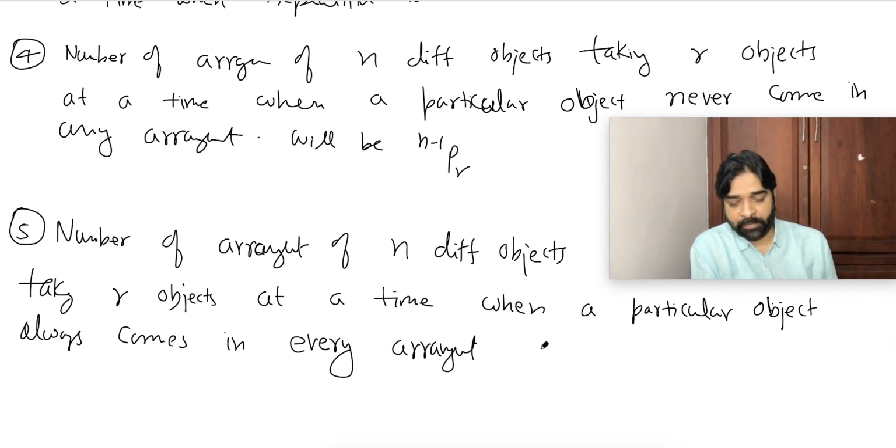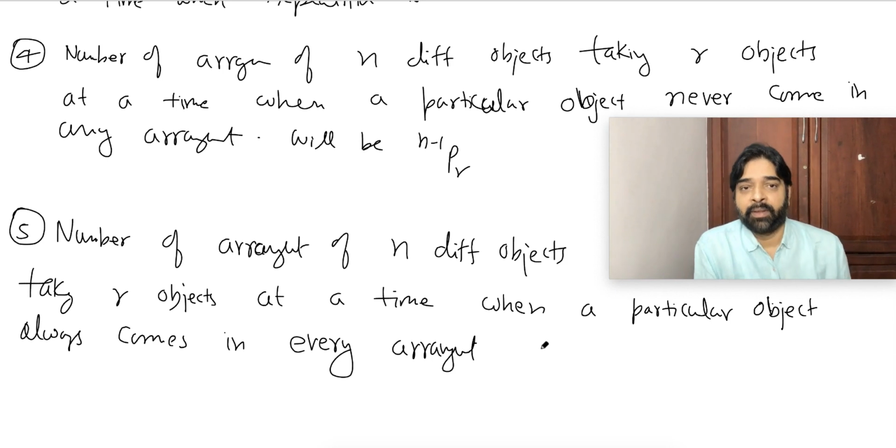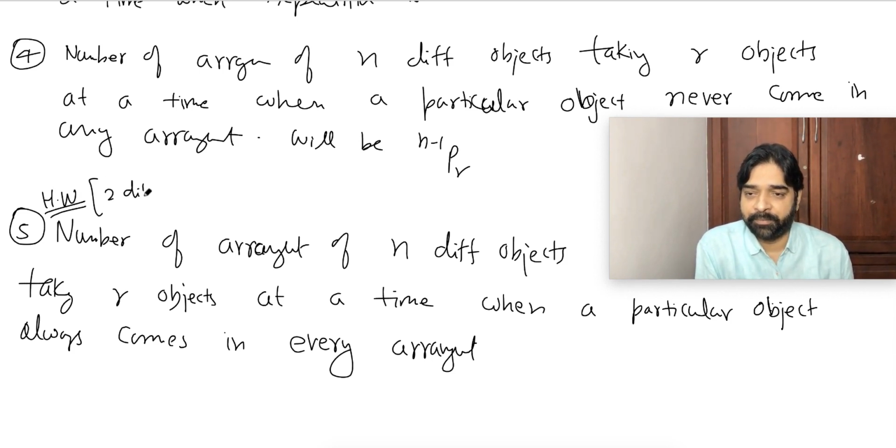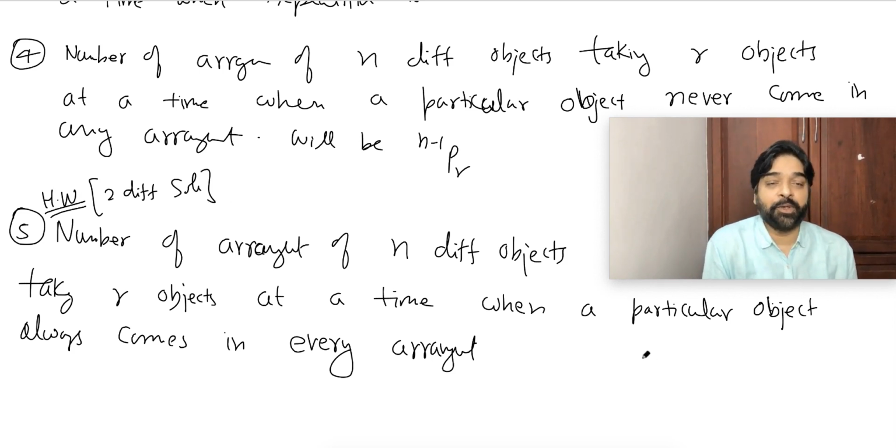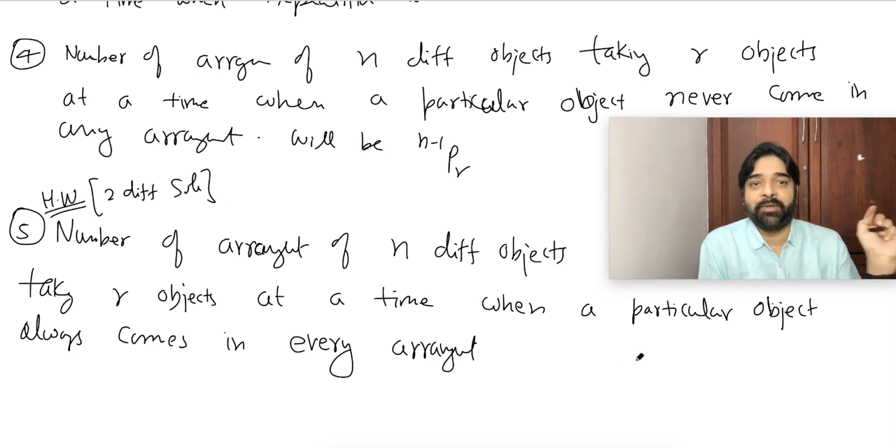I know, all of you know it. No, no? That is your homework. And why do I consider this one homework? I want two different solutions. Don't do it that way. One time you do it by NPR, another by filling the places.